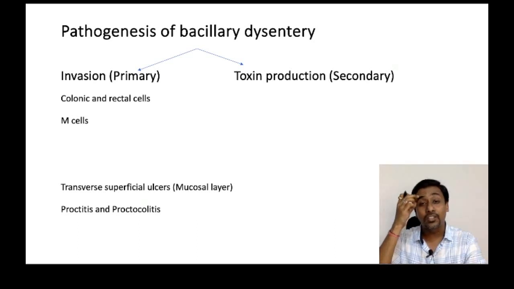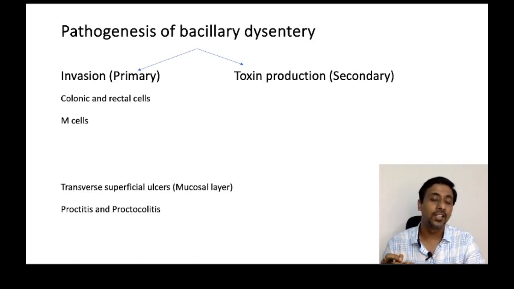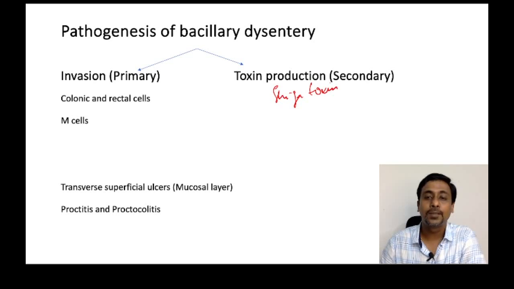Whereas the toxin produced by the Shigella species is known as Shiga toxin. This is basically an exotoxin, but it has the property of both enterotoxin and cytotoxin.